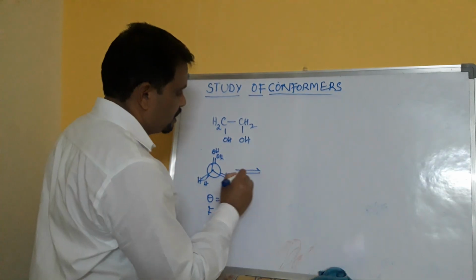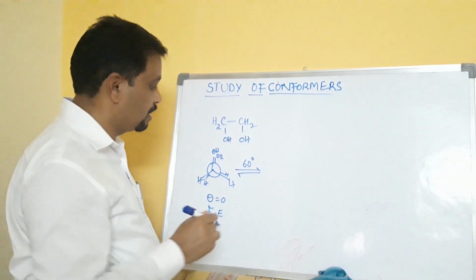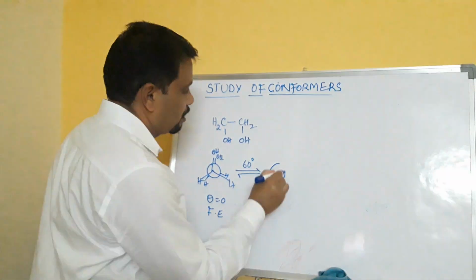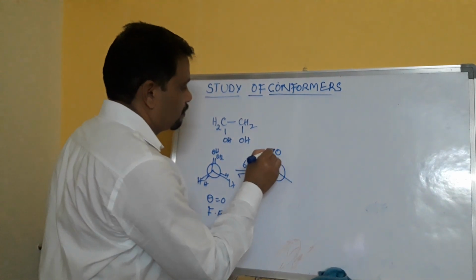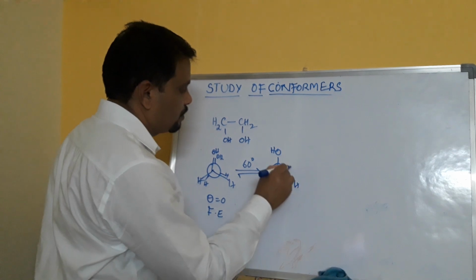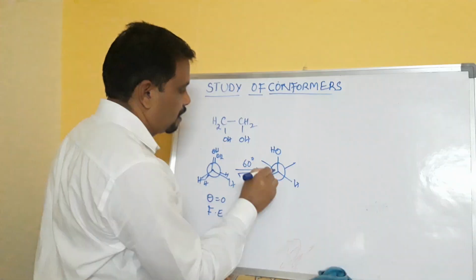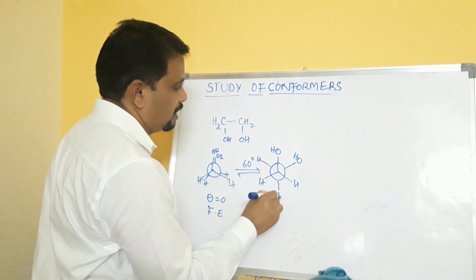If the CC single bond rotates 60 degrees, on rotation of 60 degrees you will get the gauche conformer. Hydrogen and hydrogen, hydrogen and hydrogen.